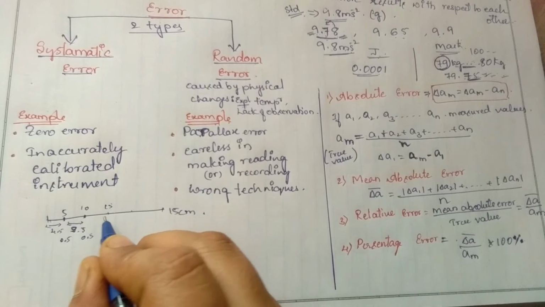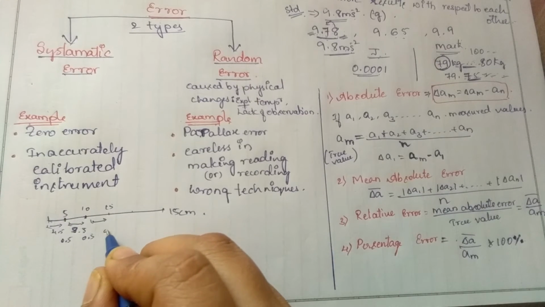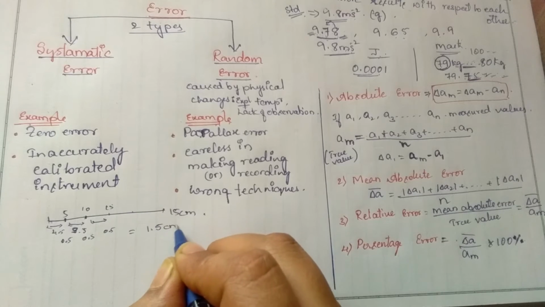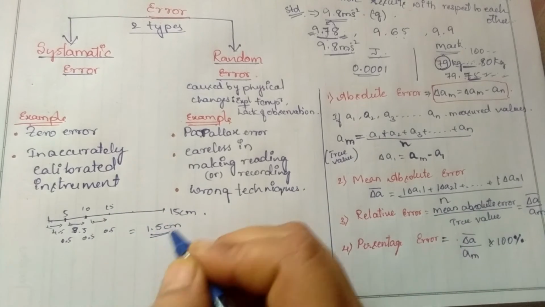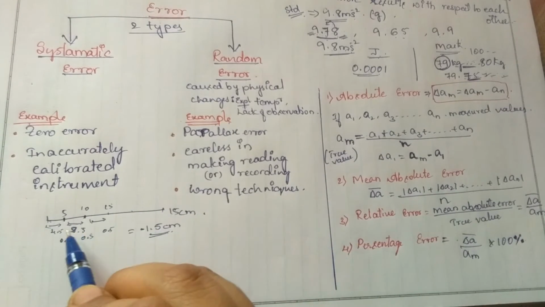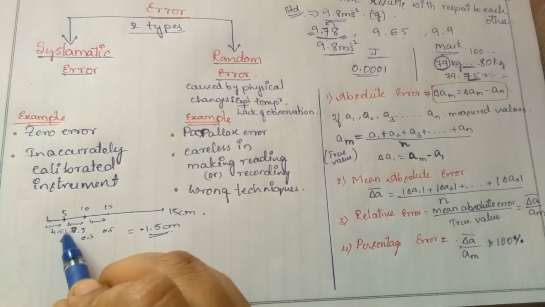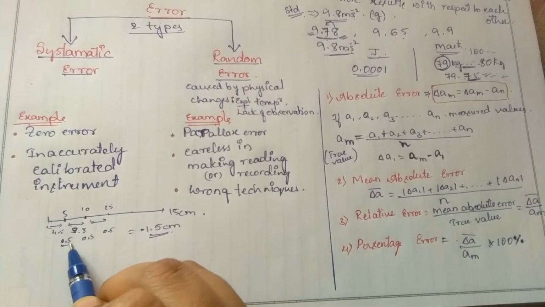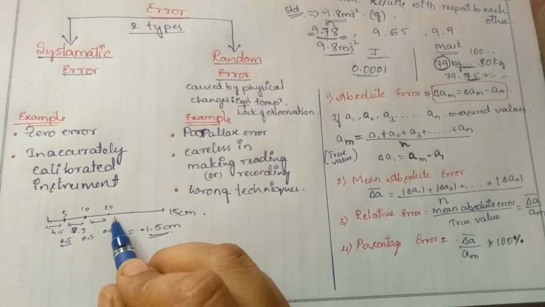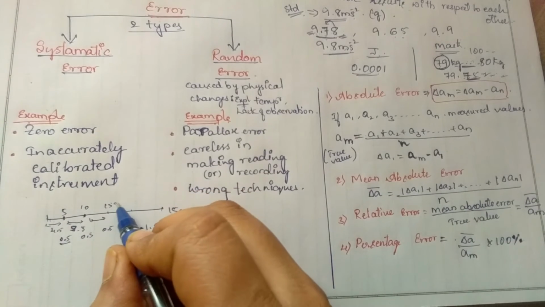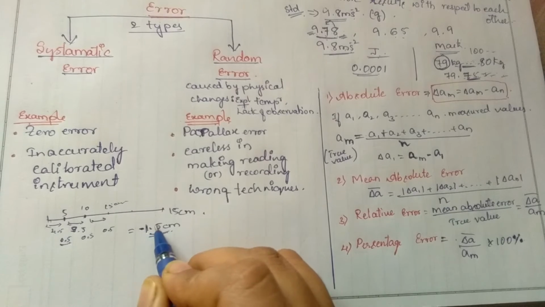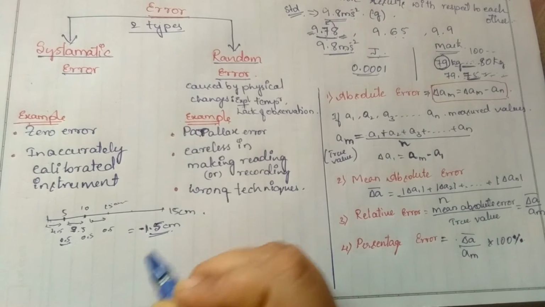So this difference counts completely as 1.5 centimeters less. Okay, this we call systematic, meaning every 5 centimeters there is a difference of 0.5 centimeters in every count. For this 15 centimeters, we count minus 1.5 centimeters, less or lacking.